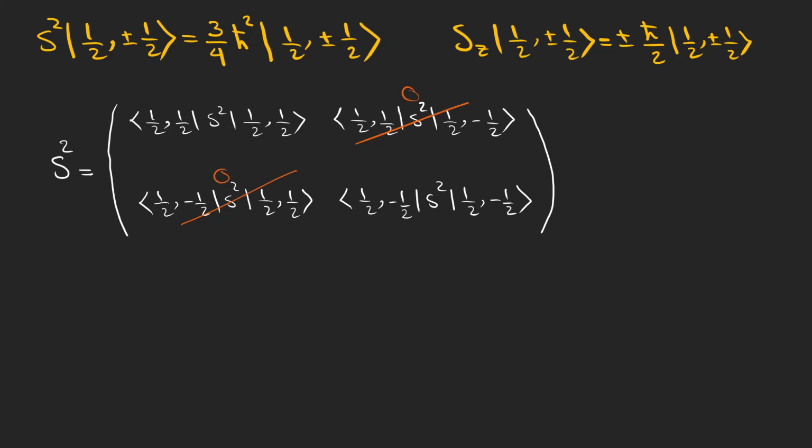These two are 0 because when S squared acts on the ket, it doesn't change it, and the inner product of the two different kets is 0. But the two elements on the diagonal are non-zero and equal to 3/4 times h bar squared.